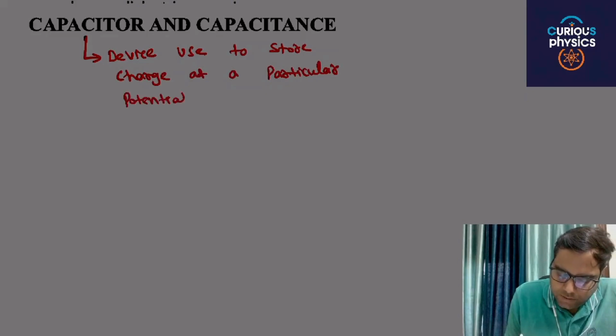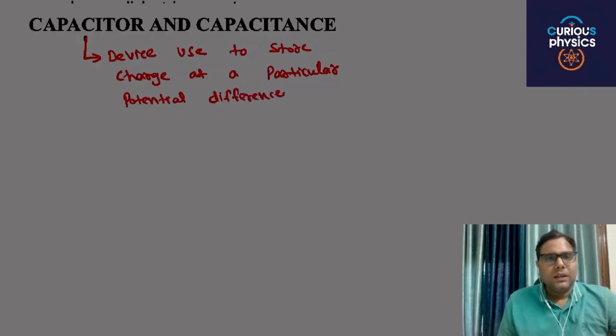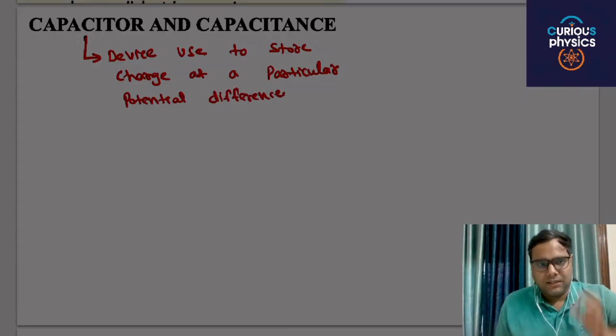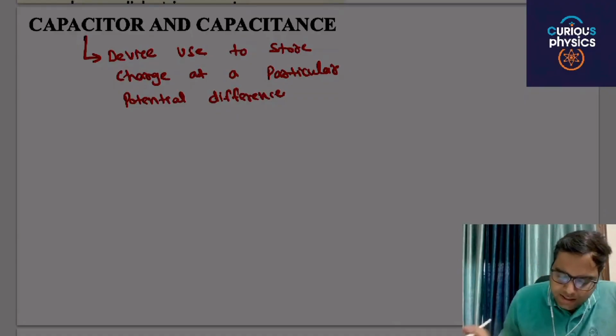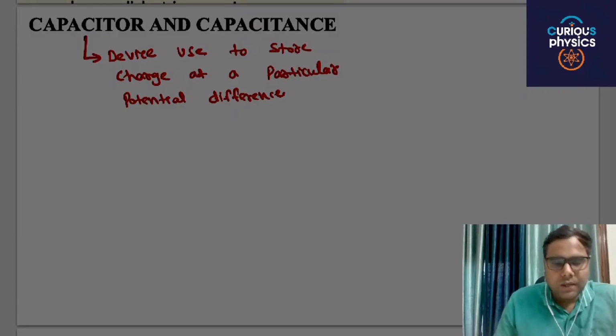This is basically the basic definition of a capacitor. This is the device. And next we are going to discuss how capacitors can be created and what capacitance is.